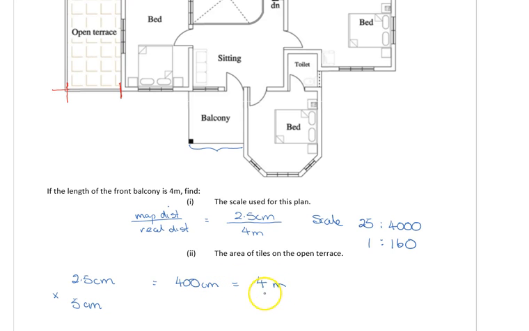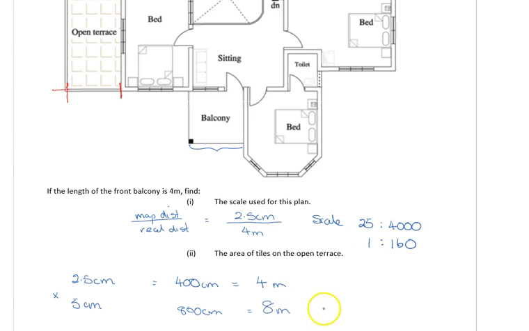For most of us, we realise that's 4 metres. Now, there's a couple of things you can do, and only because of the convenience of these numbers, because 5 is double that, we would know that this goes to 800, double, which goes to 8 metres. Or you can do it the long way. 5 times 160 will give you 800, and 800 centimetres is 8 metres.